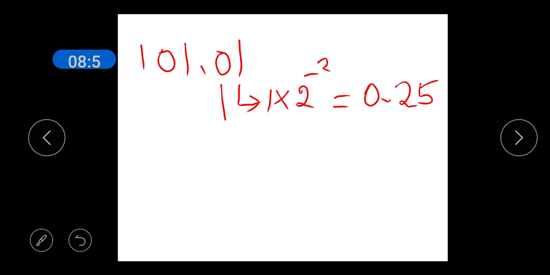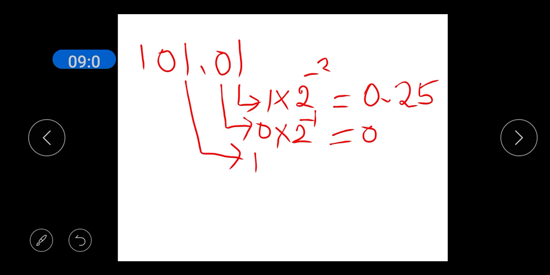Then this 0 into the weight of this bit is 2 power minus 1, which is equal to 0. Then 1 into the weight of this bit is 2 power 0, which is 1. So 1 into 1 is 1.